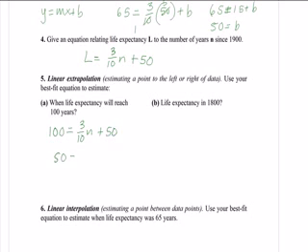Subtract 50 from each side. Multiply by the reciprocal. And nothing will cross cancel, unfortunately. So we have 500 over 3. But 500 over 3 is not really a year.